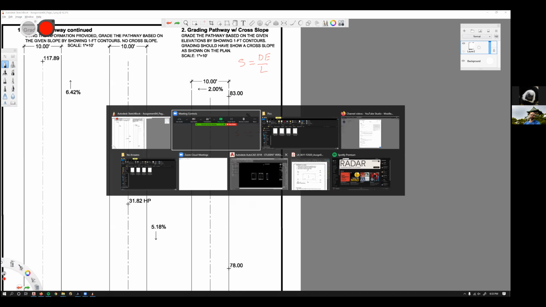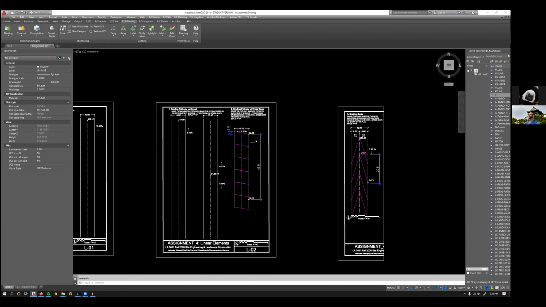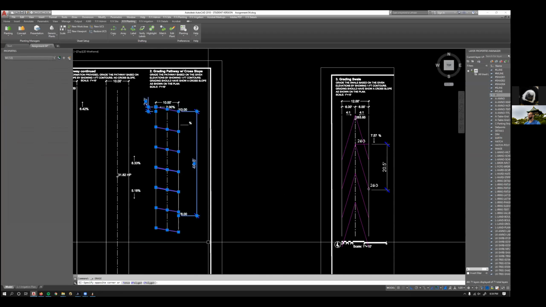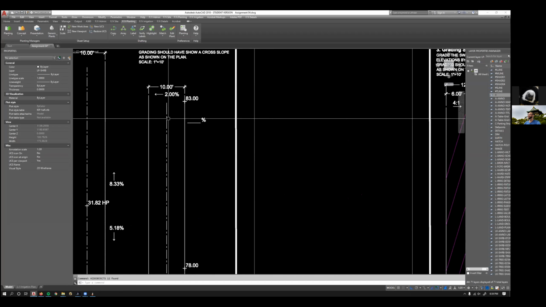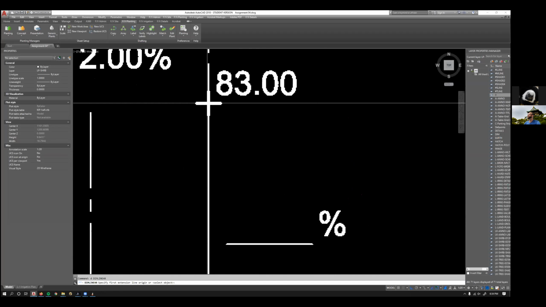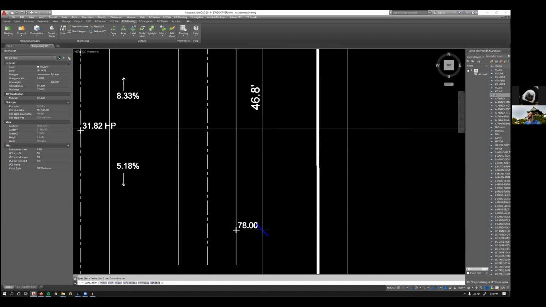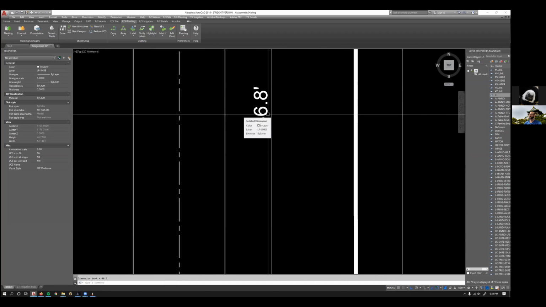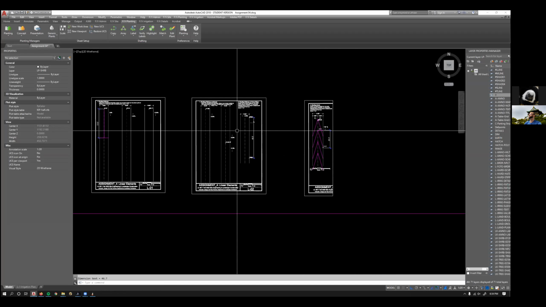I'm going to go to AutoCAD now because I have the drawing scaled in AutoCAD, so it's kind of the same thing as you scaling it, right? So I'm going to measure the distance between 83 and 78 and get 46.8, which on your scale ruler you can round up to 47. It's kind of hard to measure decimal points with your scale ruler.